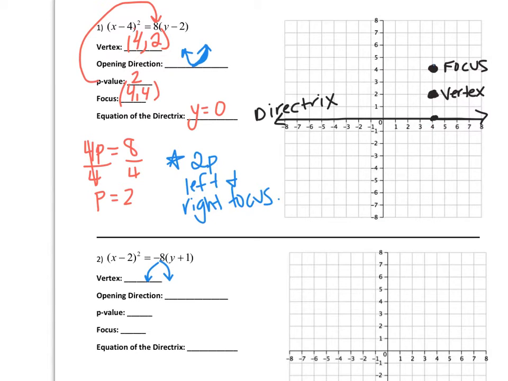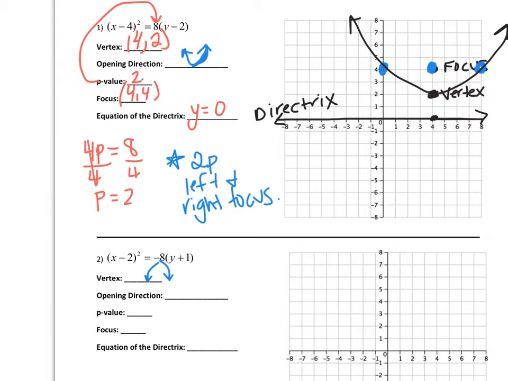Okay, so here's the focus, and we're going to go double p to the left and the right. So if p is 2, double p is 4. So we're going to put a dot here. And then we're going to put a dot here. So see how I went 4 to the left of this, 4 to the right of this. I go double whatever p is. And then I connect it. Here's my equation of my parabola.